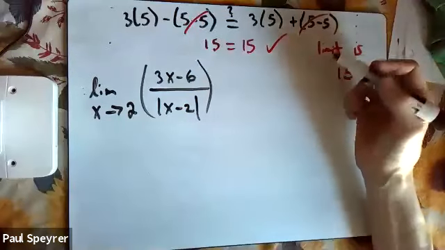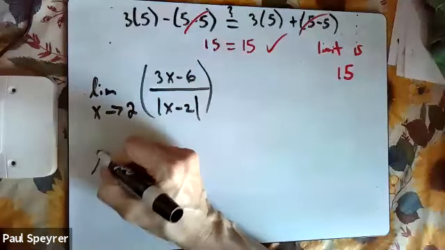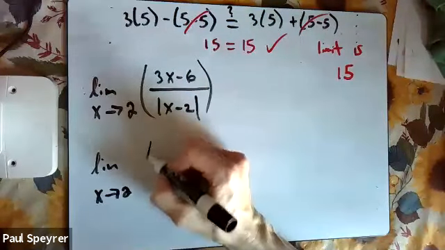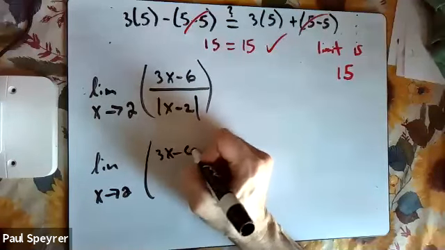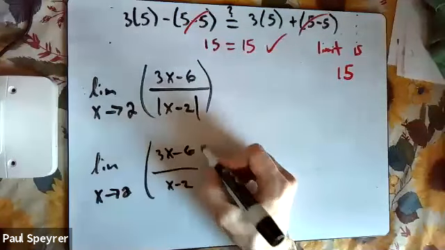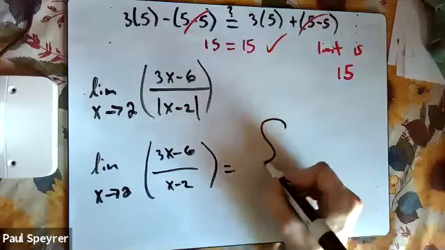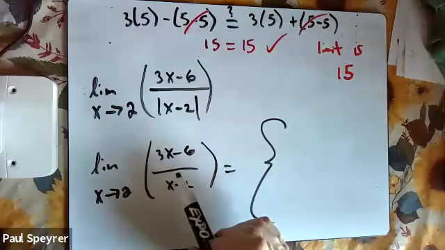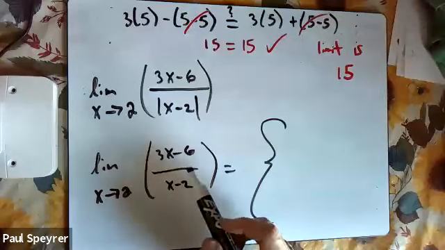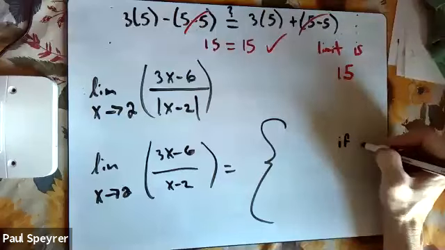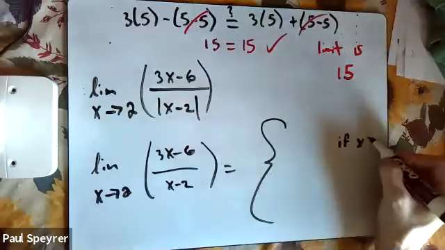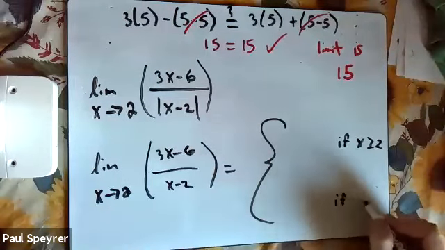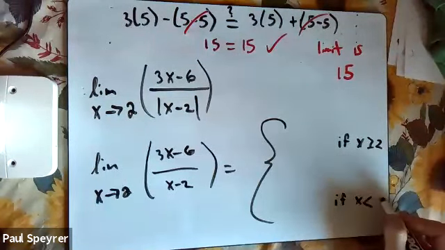If you're looking back on your notes, if we were to break this apart into two smaller functions, the first one from that formula was just stuff, if x is greater than or equal to a. So let's do that first. We know it's greater than or equal to 2, and the bottom one was if x is less than a, or less than 2.